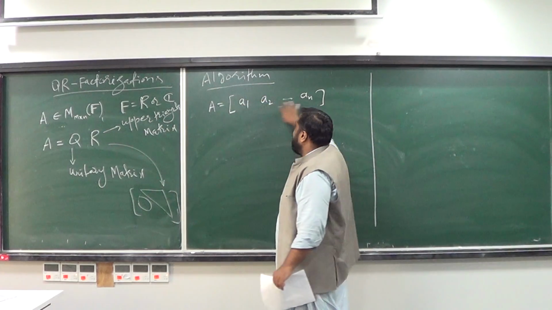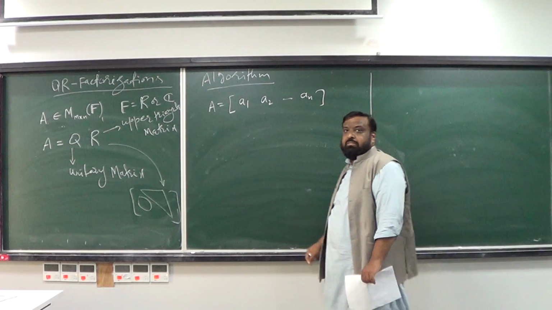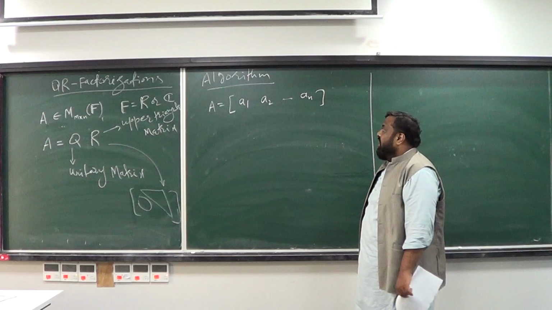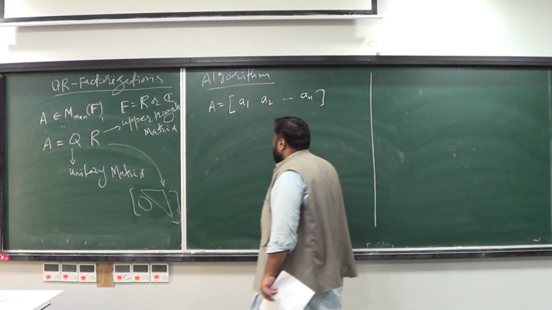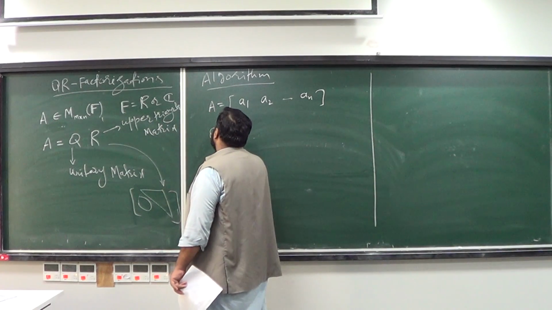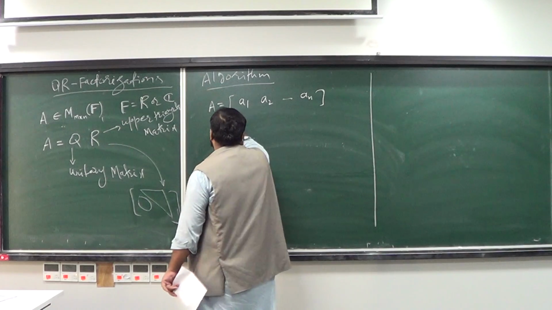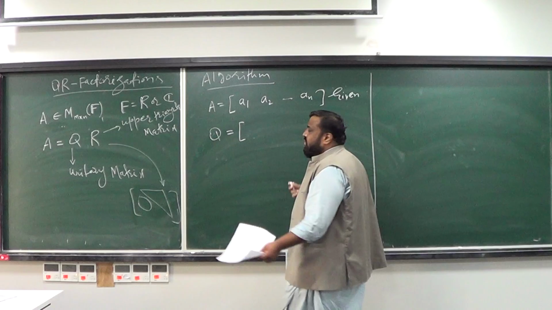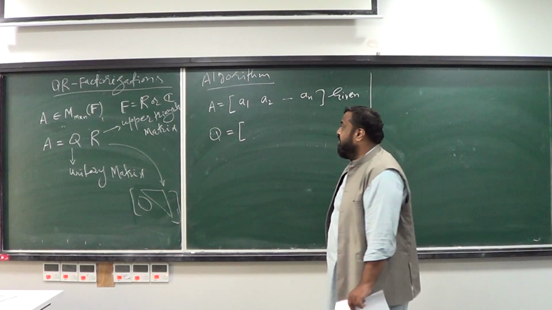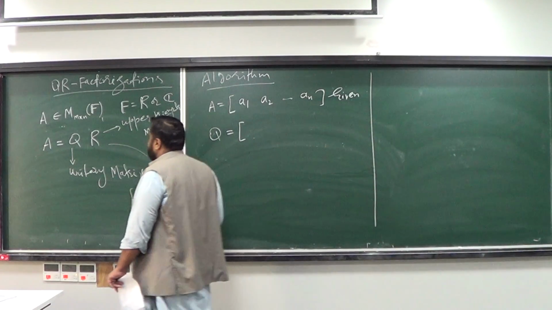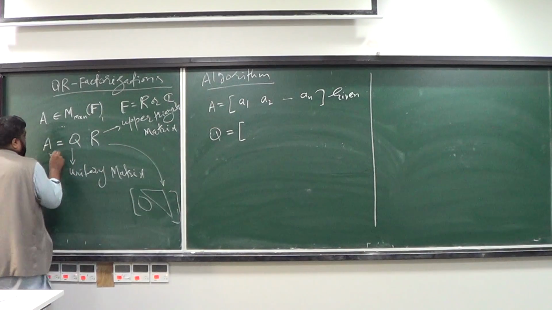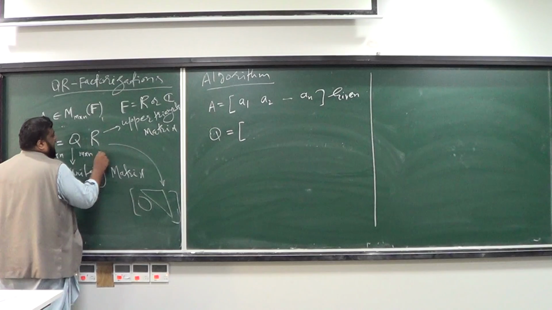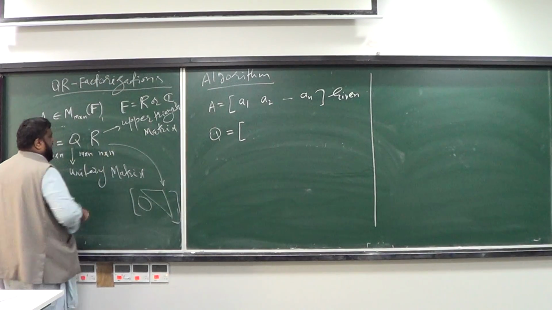So there are n column vectors in matrix A, each with m entries. This would be something that is given to us, or known to us, and our task is to find Q and R. If this matrix is m by n, then Q must be m by n, and R will be n by n actually.